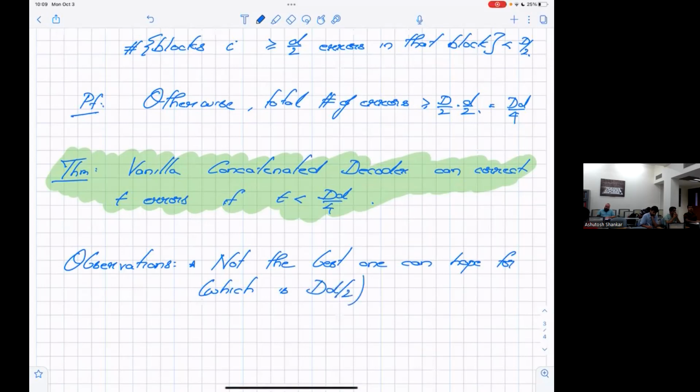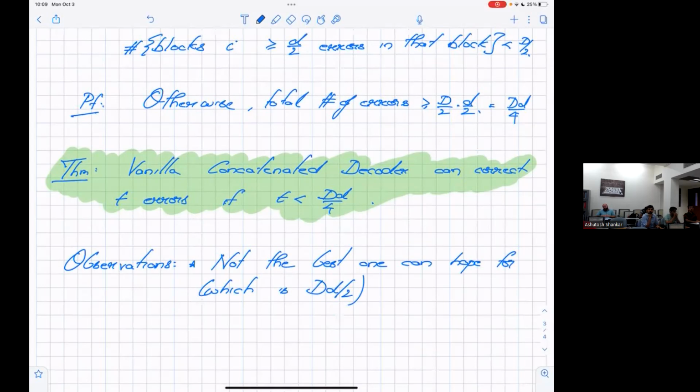Because dD is a bound on the distance that we have for the concatenated codes, dD by 2 is certainly an upper bound on the unique decoding radius. So we should be able to correct all the way up to dD by 2. Question is, can we do this?